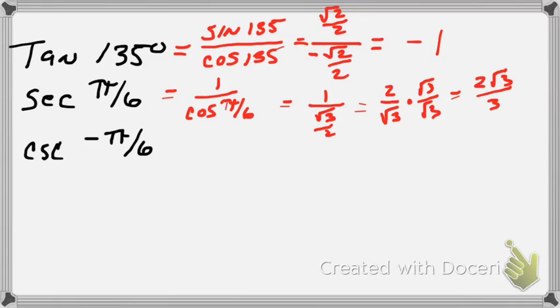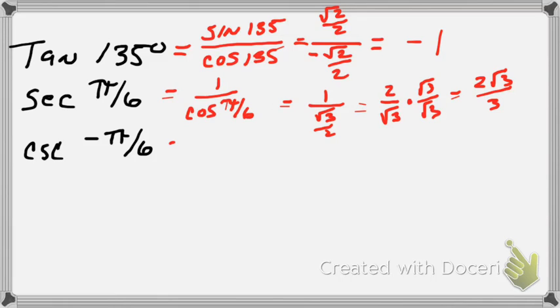Yes. I stop at 11 pi over 6. Look at your unit circle. I'm starting at 0. Pi over 6 is 30 degrees. But I'm not going 30 degrees. I'm going negative 30. So I'm going to go the wrong way. Basically, 1 dot. Because on your unit circle, 30 degrees is 1 dot from 0. So I'm going to go the wrong direction 1 dot. And that's going to put me at 330. So negative pi over 6 is coterminal, word we learned yesterday, to 330.